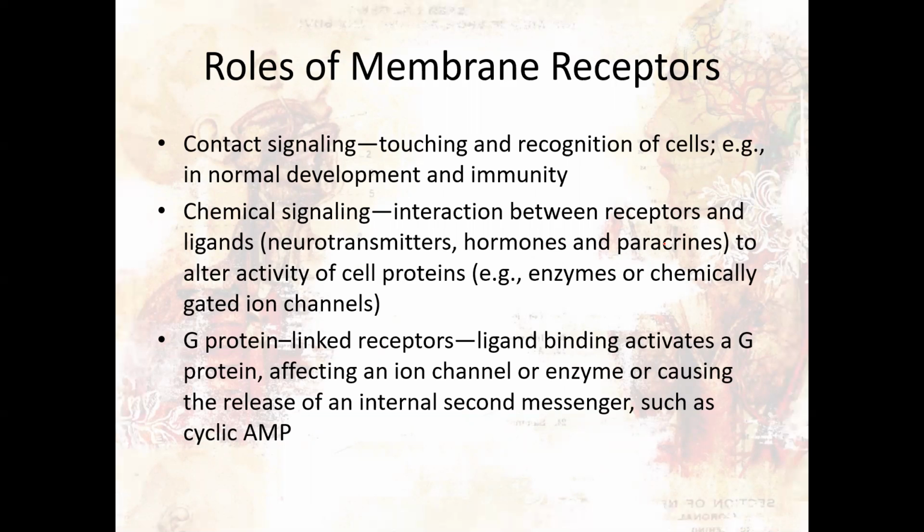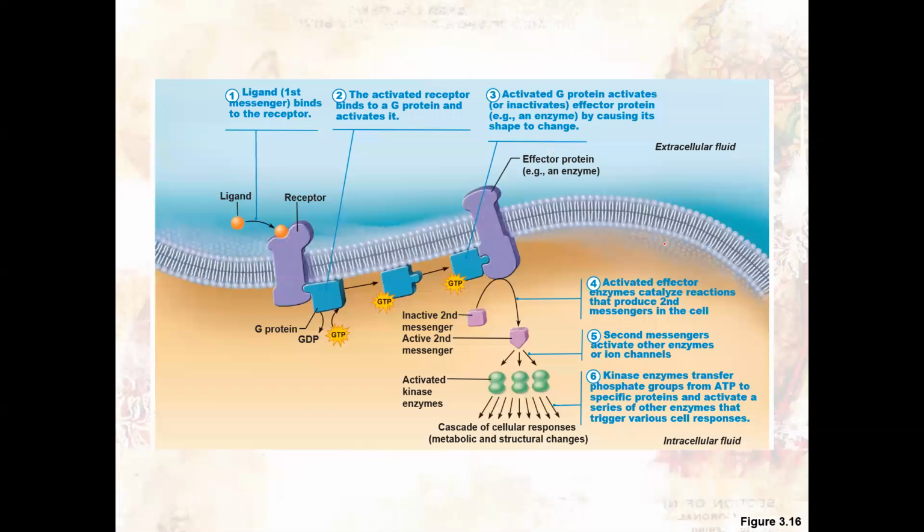For our purposes this semester, neurotransmitters are the ligands we'll be talking about. Sometimes that receptor triggers a chain reaction. We have what's called a G protein linked receptor, where the neurotransmitter binding activates this cascade effect within the cell, like so. And you can see that ligand binds to its receptor and sets off this giant chain reaction.